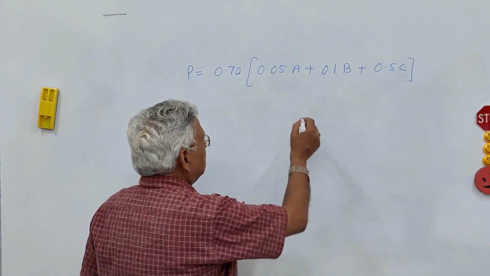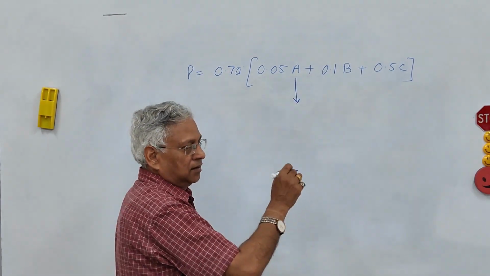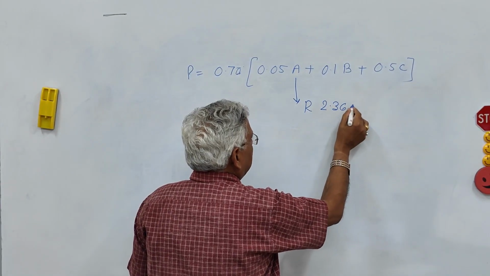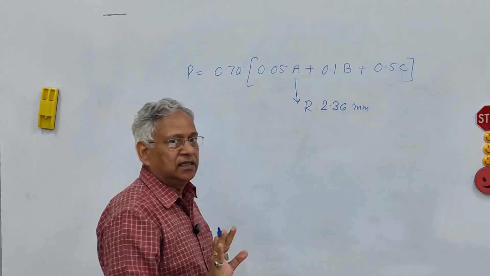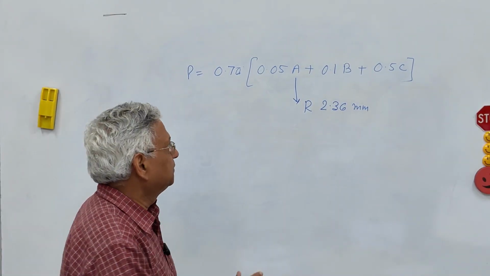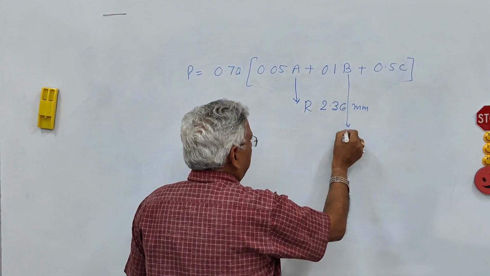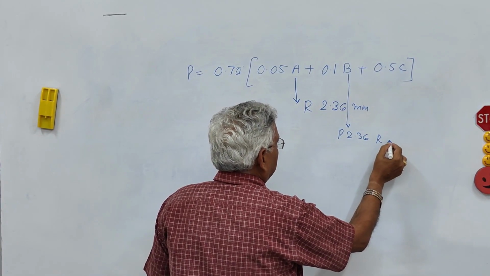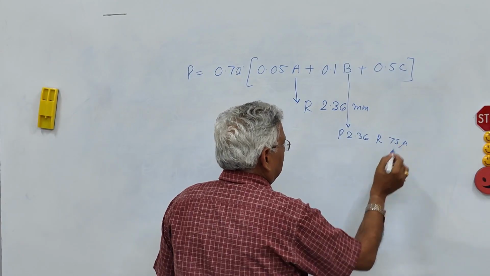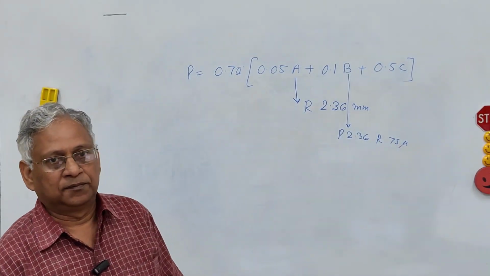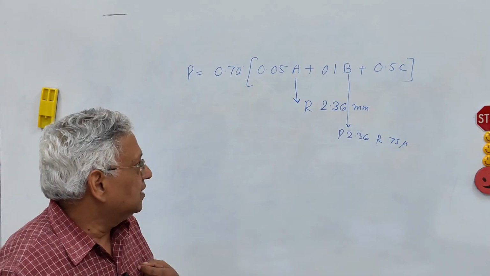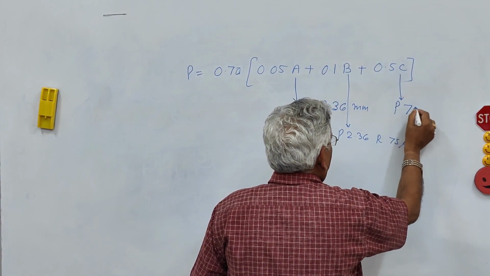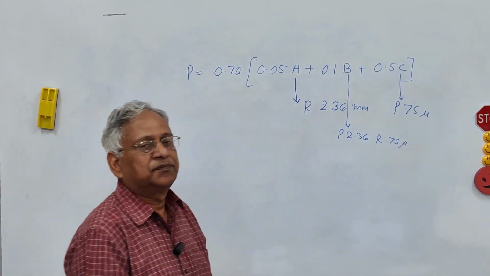Here A is the aggregate retained on 2.36 millimeter sieve, percent by weight of total aggregate. B is passing 2.36 millimeter and retained on 75 micron or 90 micron. And C is the percent passing 75 micron sieve size.